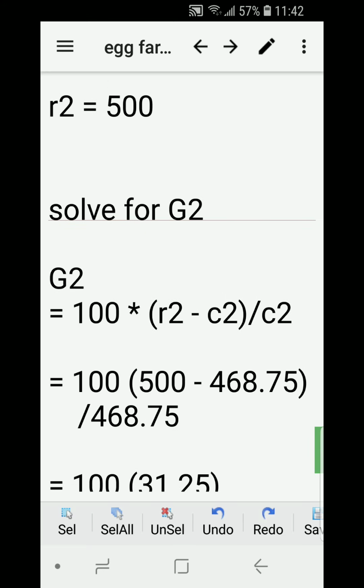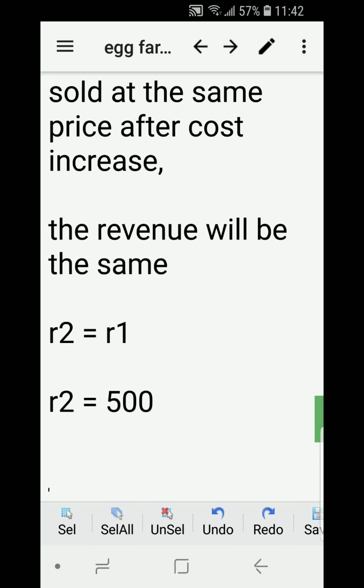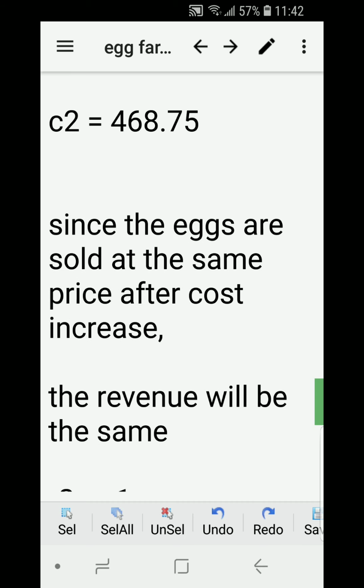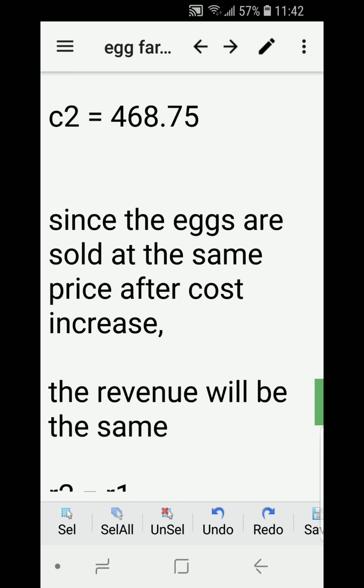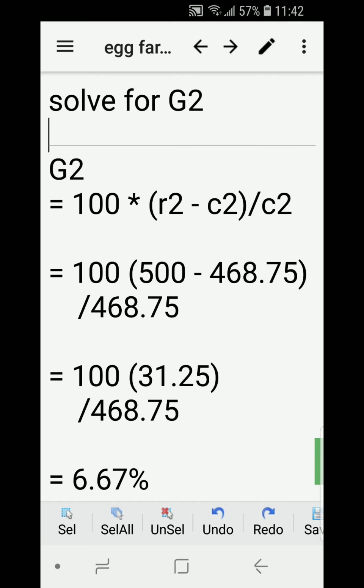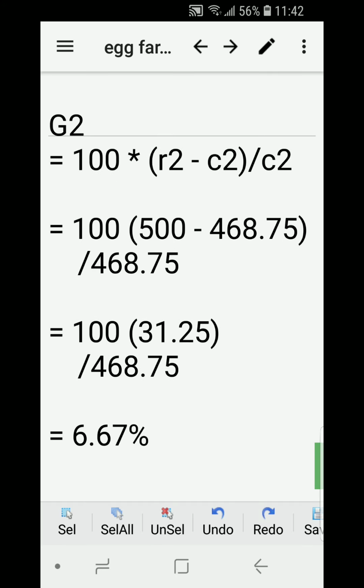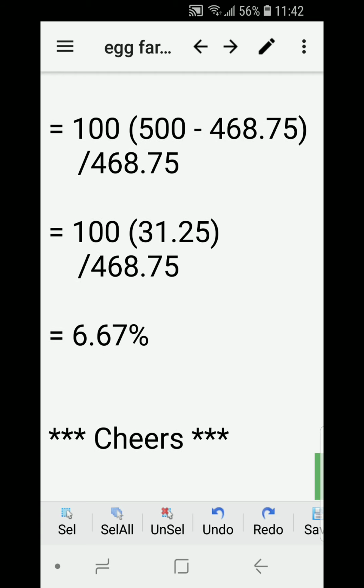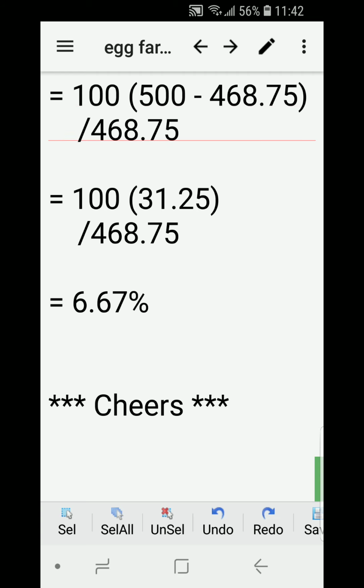R2 is 500, C2 is 468.75. Then we simplify, and then we get 6.67% G2, and that is the final answer.